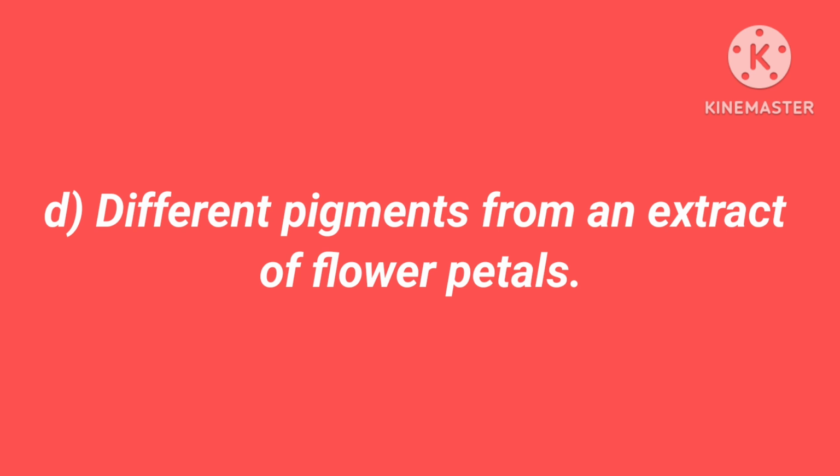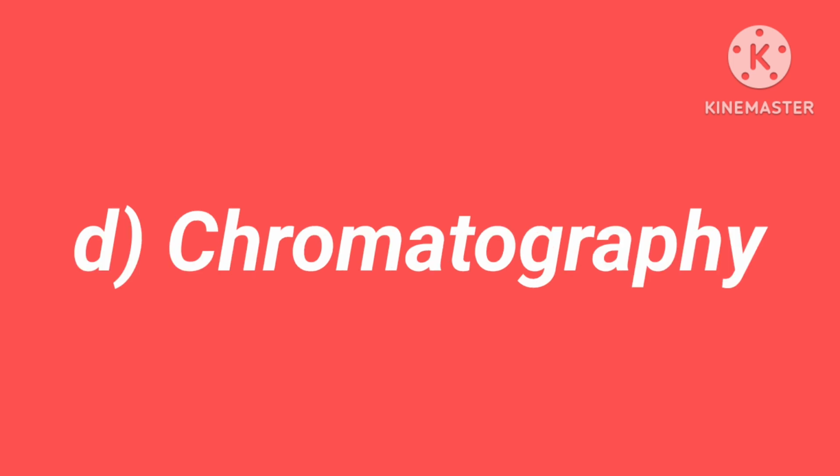Next question: different pigments from an extract of flower petals. You know that flower petals have different colors. So, the pigments of two colors can be extracted or separated by the method of chromatography.